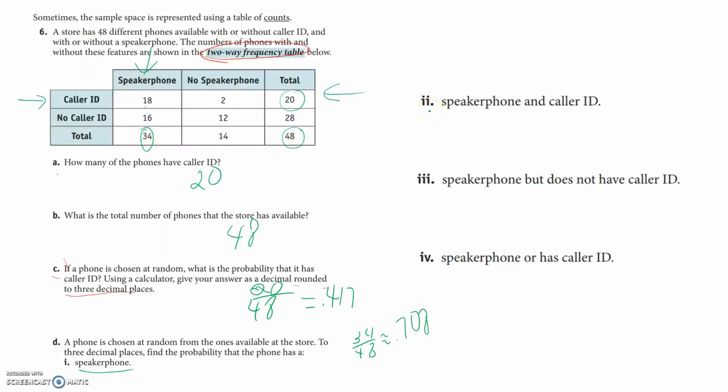D2, it has a speakerphone and a caller ID. So we come over here, speakerphone and caller ID. Let me go ahead and do a different color. So speakerphone, caller ID, right here. So that would give you 18 out of your 48 for 0.375.